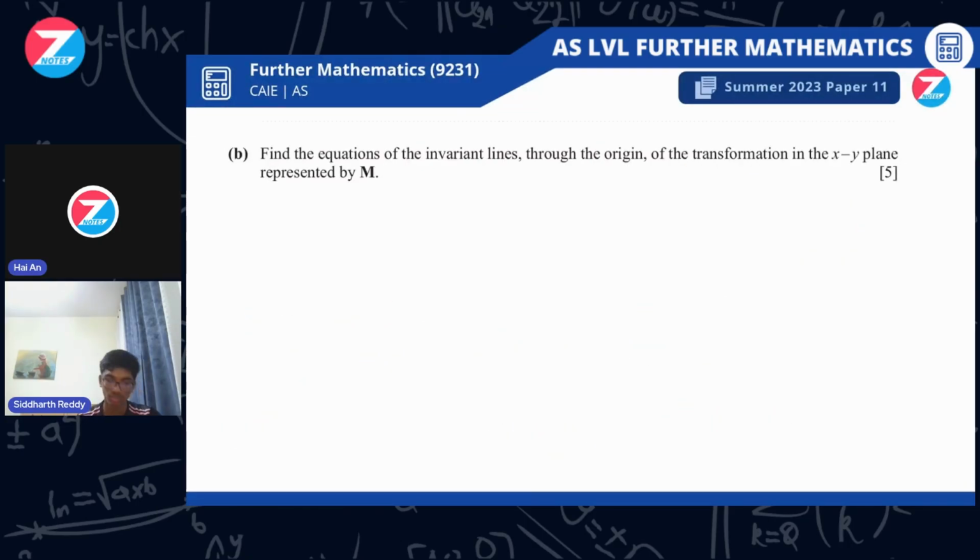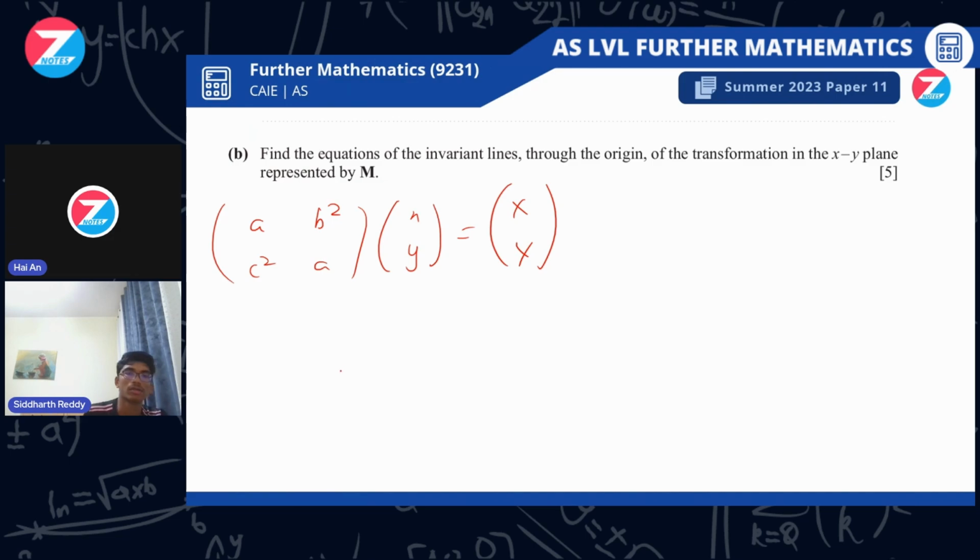Find the equations of the invariant lines through the origin of the transformation of the xy plane represented by M. Okay, so we have A, B squared, C squared, A times x, y is equal to capital X and capital Y. Since it's a straight line, y we can just write as mx.